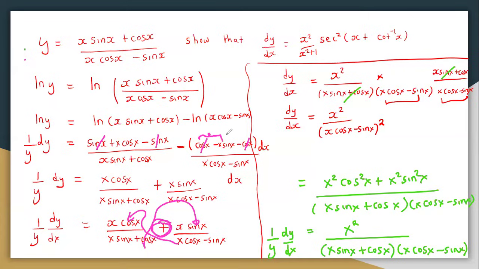When I differentiated cos x, I got a positive sine x. So when I filled it into the quotient rule before getting the LCM, I had a negative, not a positive, in between those two.